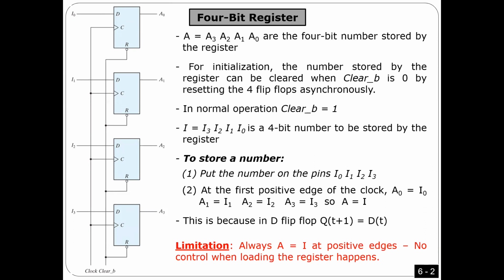That's why usually we have something like enable. You got what I'm saying? Right now here, I don't have that capability. Once you put the input here, at the first clock, it's going to be stored. Because sometimes, guys, in a digital system, there should be a sequence of events. So maybe I have input here, but I don't want the input to come to here at this moment, at the first clock.